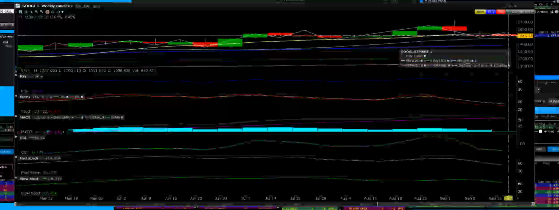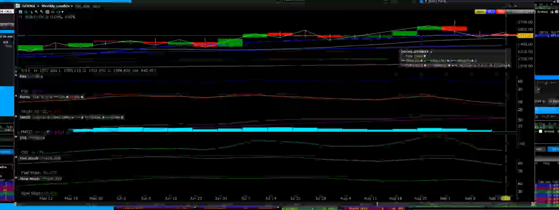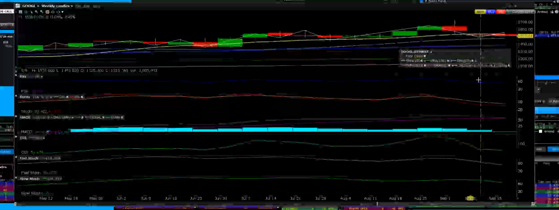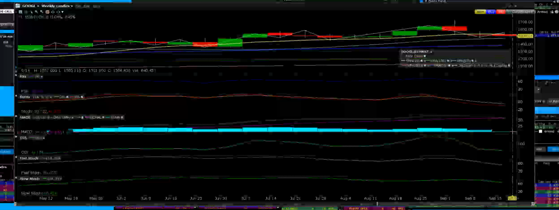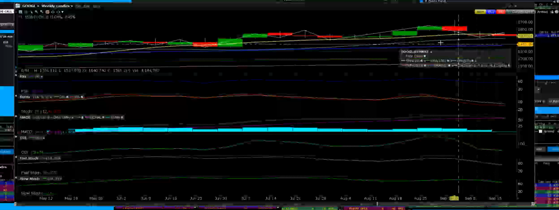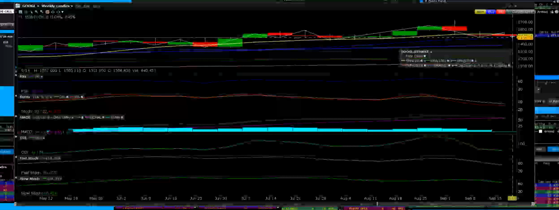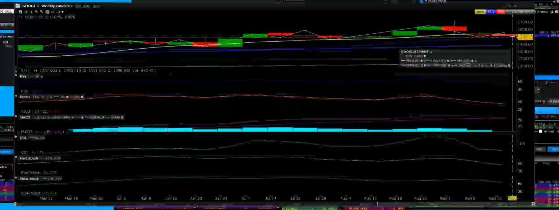The other thing about Google is that it hasn't gone into a weekly sell signal down here. It's very close. And that is a rising 20-week moving average. If we test it, that's going to be above that other one.